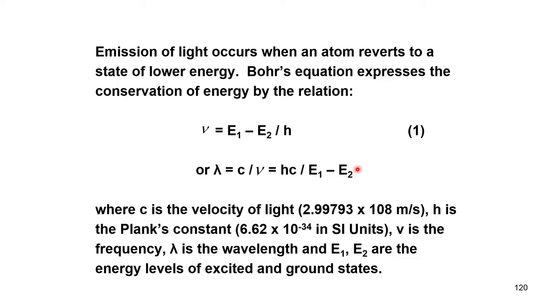In this expression, c is the velocity of light, h is Planck's constant, a universal constant, 6.62 times 10 raised to minus 34 in SI units, nu is the frequency, lambda is the wavelength, and E1 and E2 are the energy levels of the ground and excited states. I think you are all familiar and comfortable with this so far.